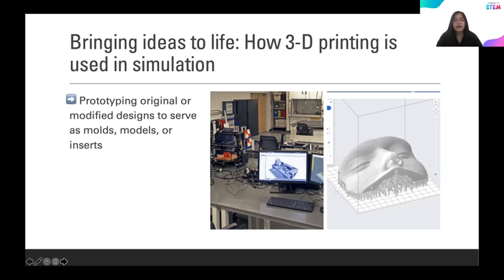And then we also have an SLA printer, which uses a liquid resin, which we use for printing more complex and detailed designs. We use them mainly for prototyping original or modified designs to serve as either molds, anatomic models, or inserts that we need to complete a model that we're making.